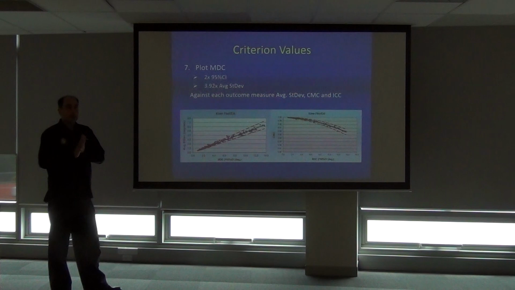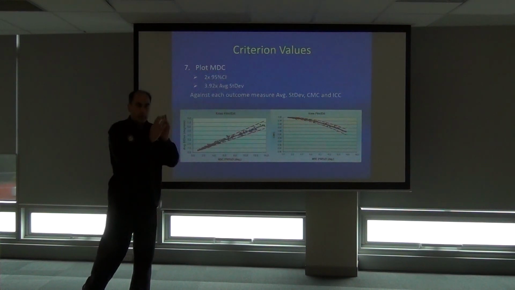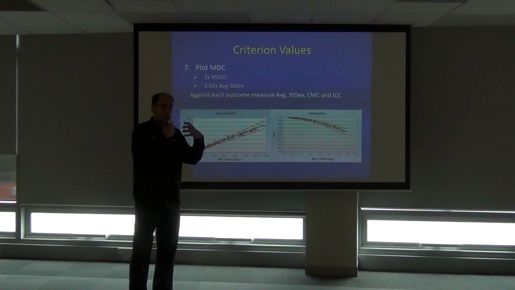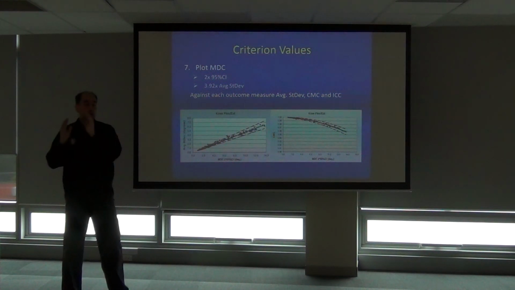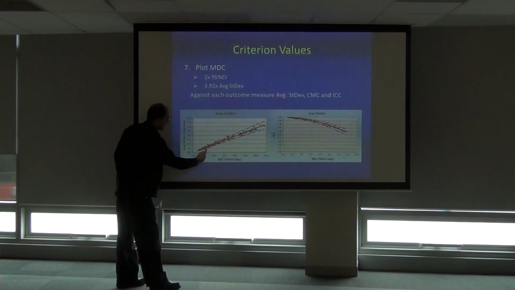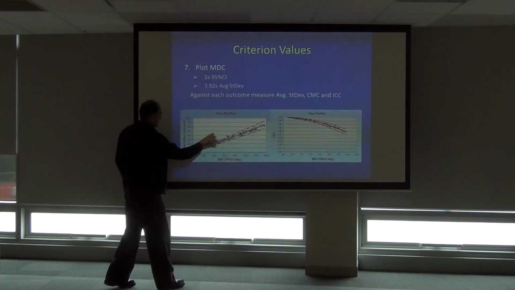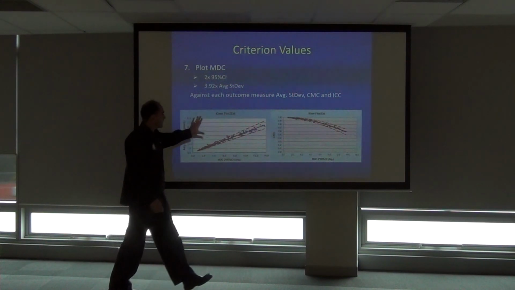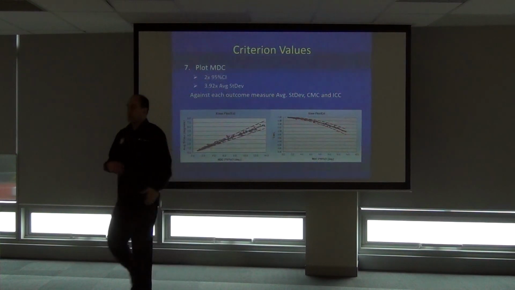And we did the same for where we decided that the boundaries between where curves were considered identical, similar, different, or unrelated. Those values could also feed in, and we get a corresponding average standard deviation, corresponding CMC, and another graph corresponding ICC.